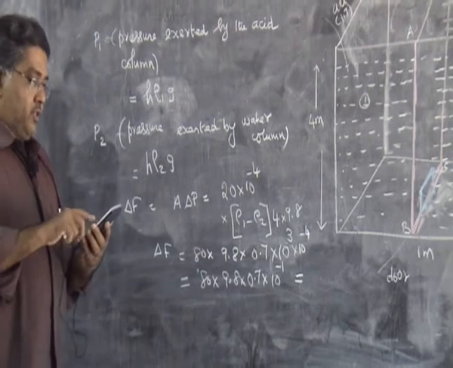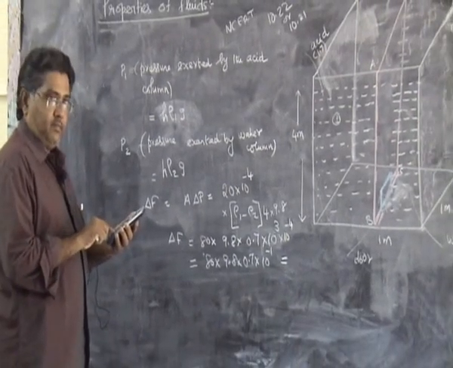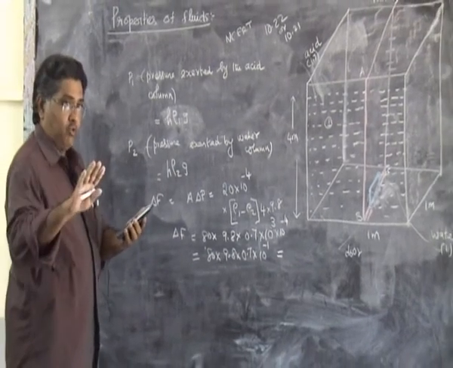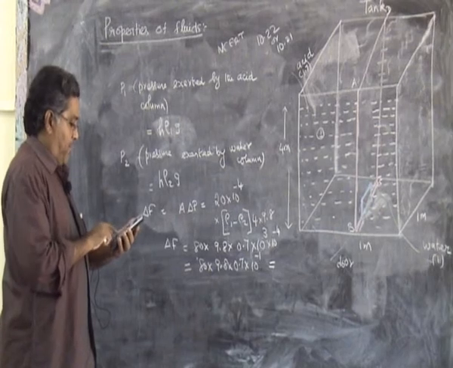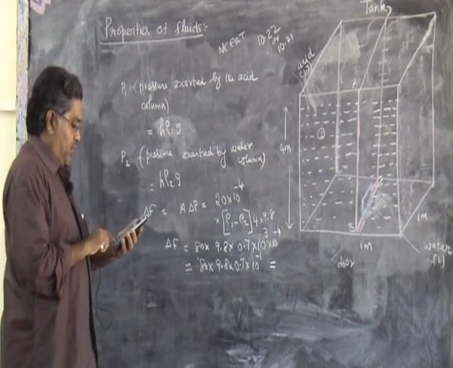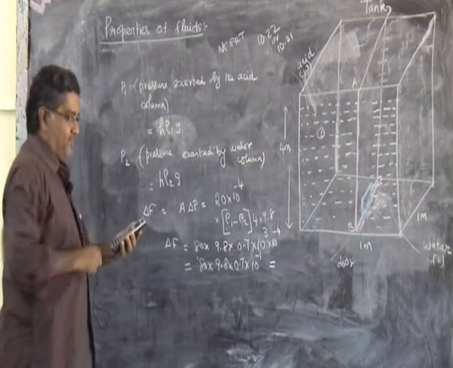I just do this. 80 into 9.8 into 0.7 into, of course, 0.1.